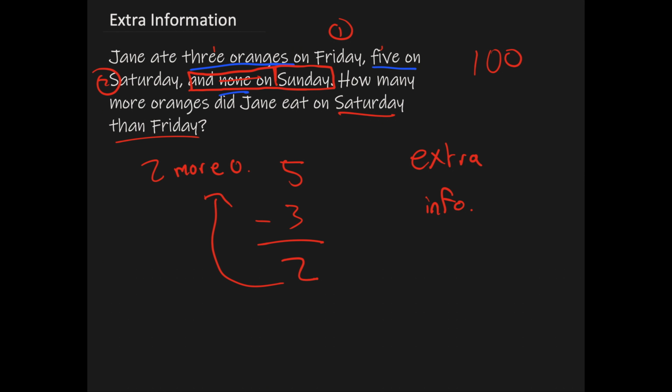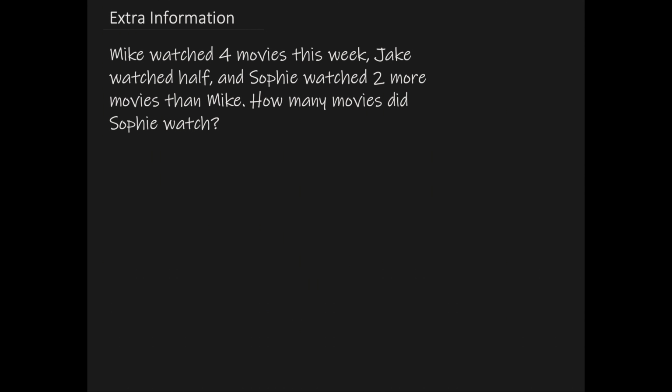And again, we're going to do one more problem to make sure you completely understand how this works. Okay, so this one is going to be Mike watched 4 movies this week. Jake watched half, and Sophie watched 2 more. So we have M equals 4.